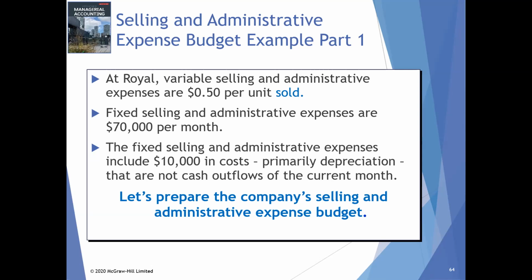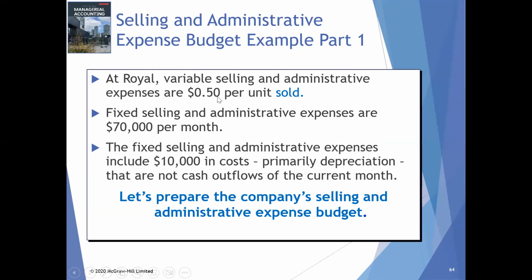For the selling and administration expenditure budget, we have some information available, which is in front of you. Variable selling and administrative expenditure is 0.50 per unit sold. This is the variable expenditure, and fixed selling and administrative expenditures are 70,000 per month.